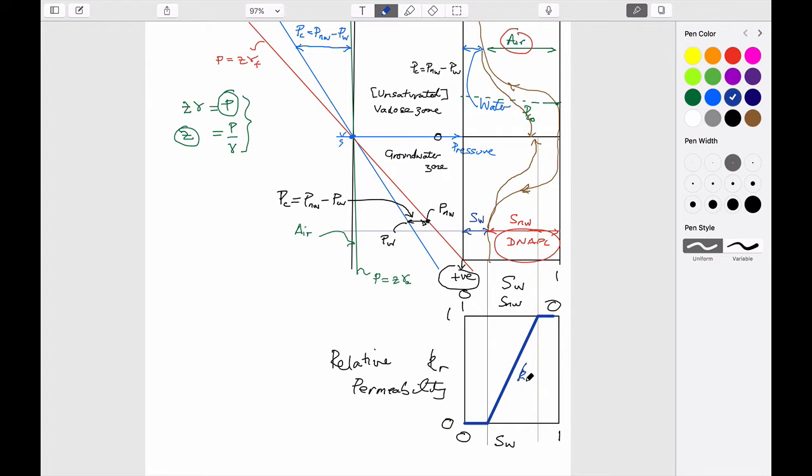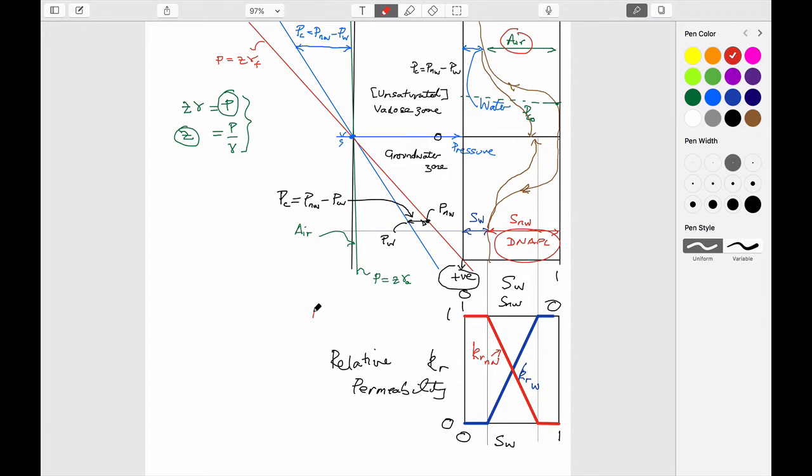This is the relative permeability of water, the wetting fluid. And I guess in either green or in red, we'd have to choose one of them. Let's choose red. Then the other curve would look like this. And this, of course, would be the relative permeability of the non-wetting fluid.